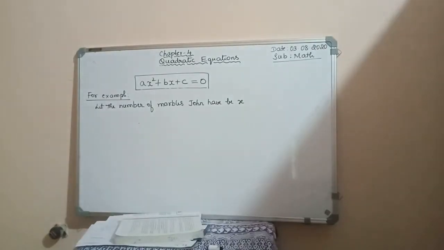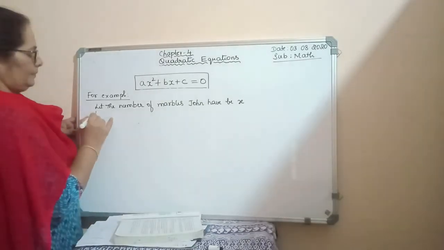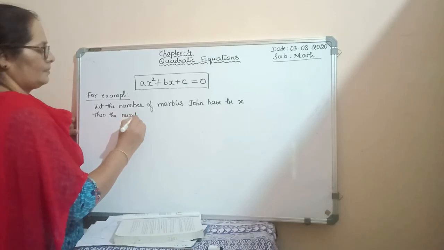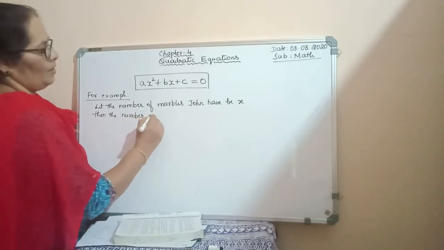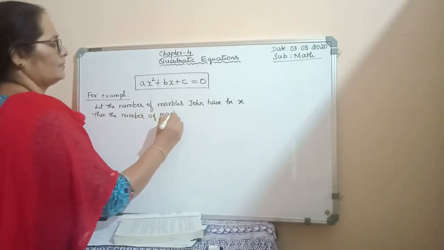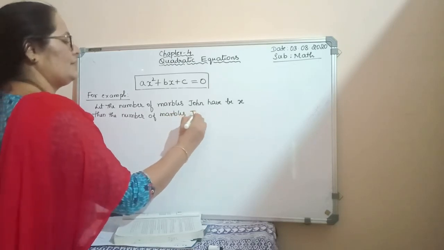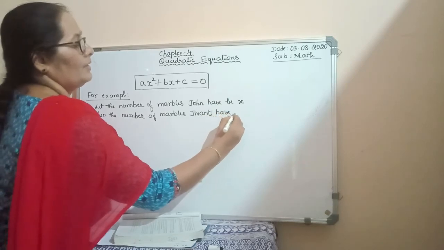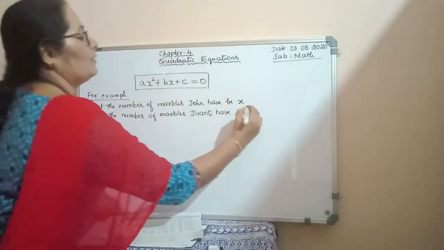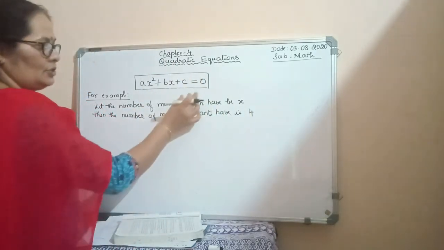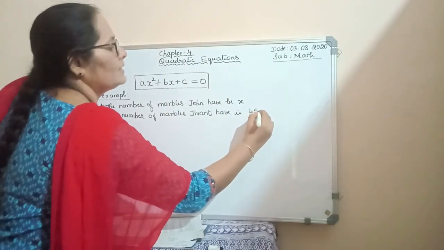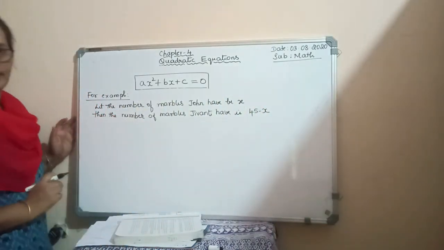Jeevanti has 45 minus x. The total is 45, and in that John is having x, then the remaining is with Jeevanti, so 45 minus x.